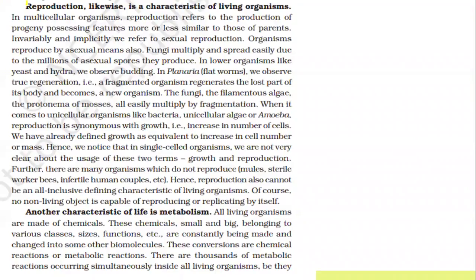Okay, fine. So reproduction likewise is a characteristic of living organisms. Clear for you? In multicellular organisms, the definition of reproduction refers to the production of progeny possessing features more or less similar to those of parents.